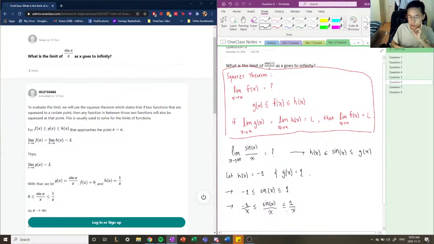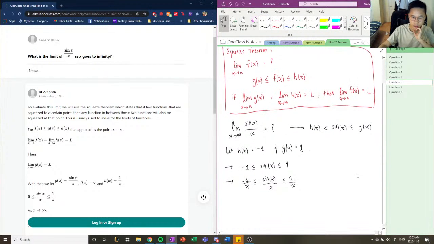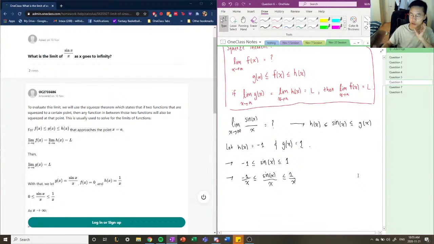So now we have squeezed our actual function between two simpler reciprocal functions, right? And now, if we can calculate the limit as x approaches infinity of h of x and g of x, and they equal the same thing, then we know sine of x over x also equals the same thing, okay?